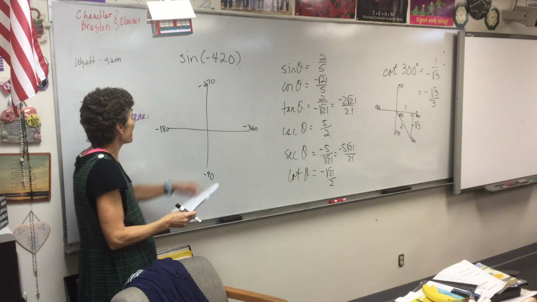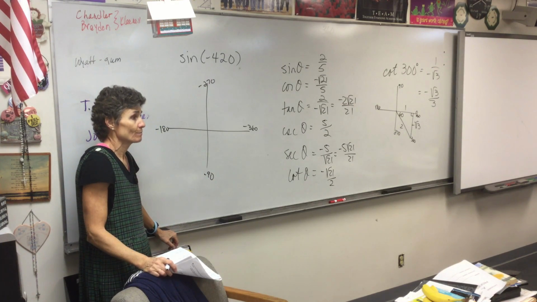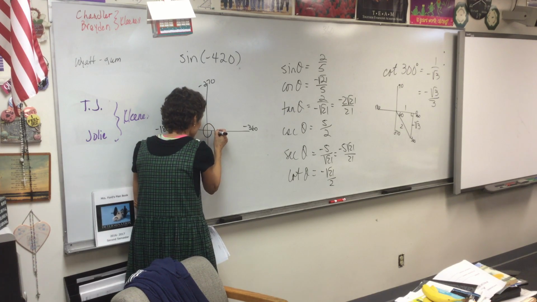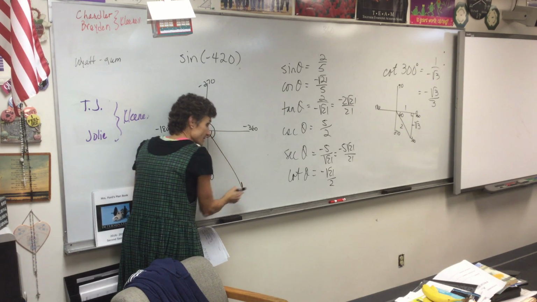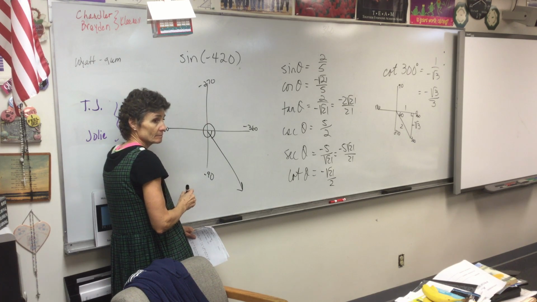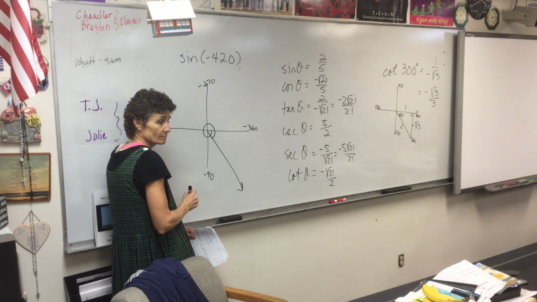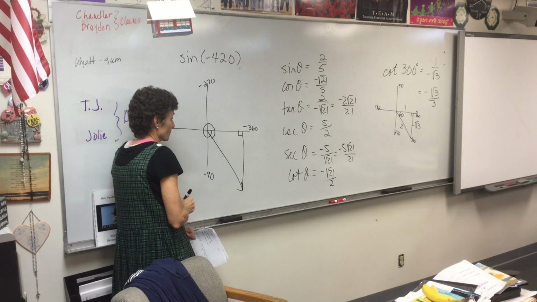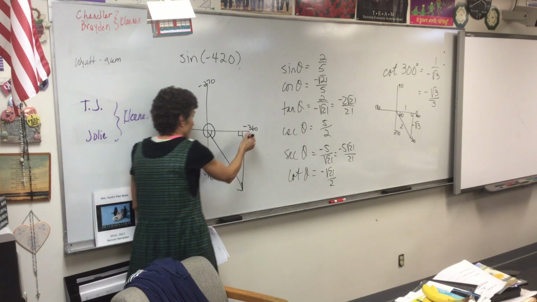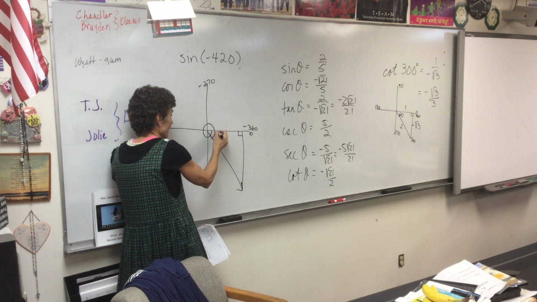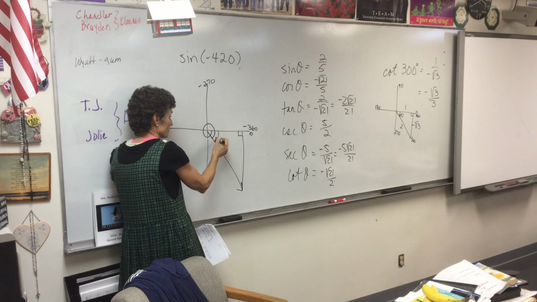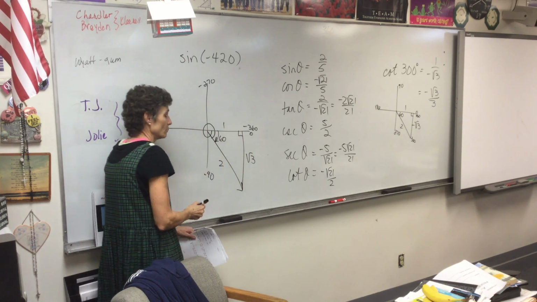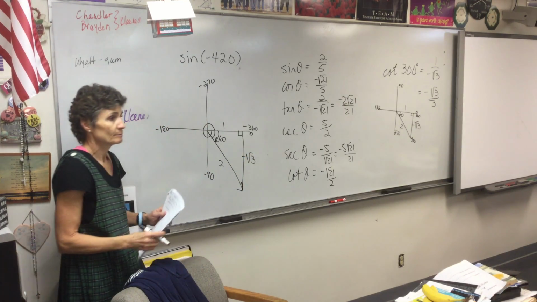How much past 360 do I have to go? 60. So I'm going all the way around and then 60 more, so I'm down here like this. How big's that angle? That's a 60. So we're right back to the same triangle we had a minute ago. And the root 3 is negative.